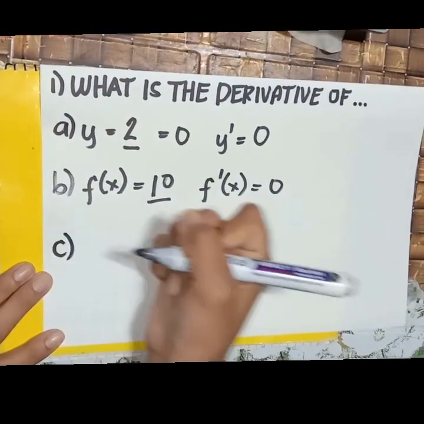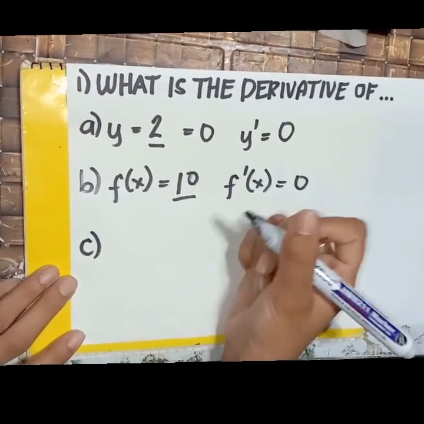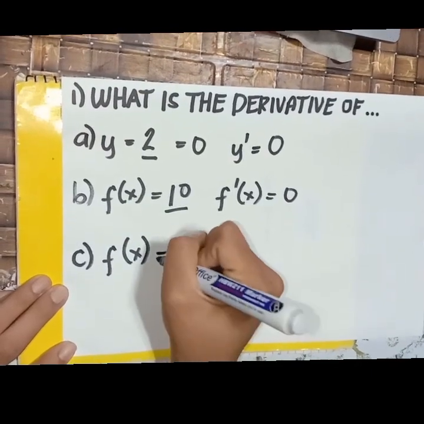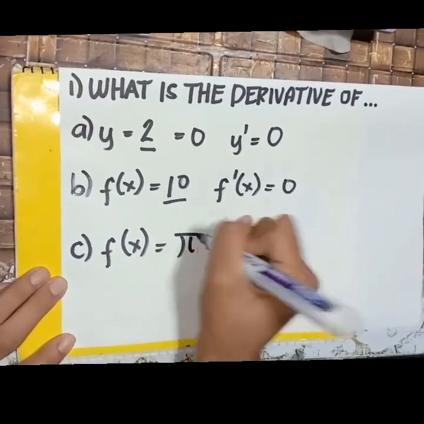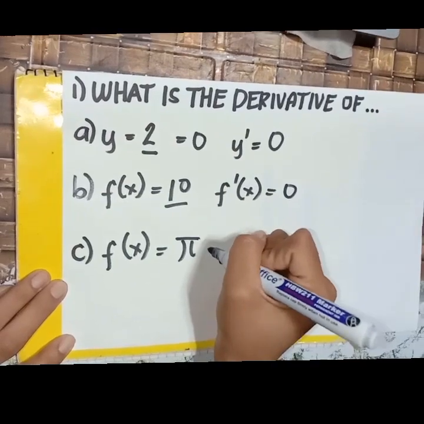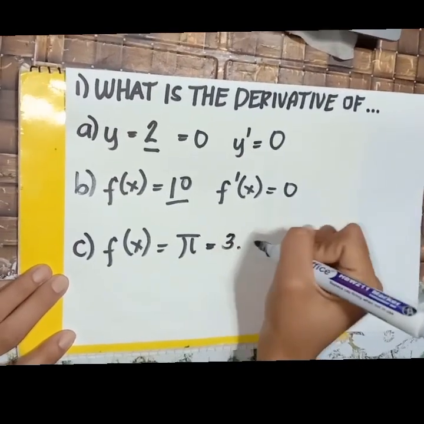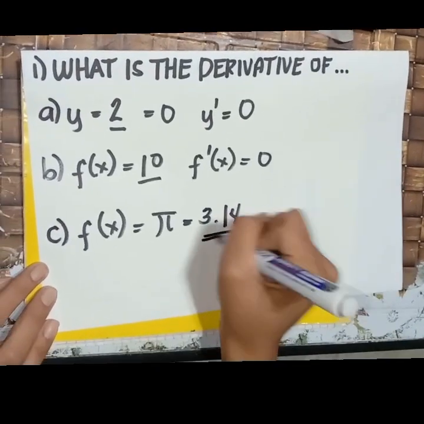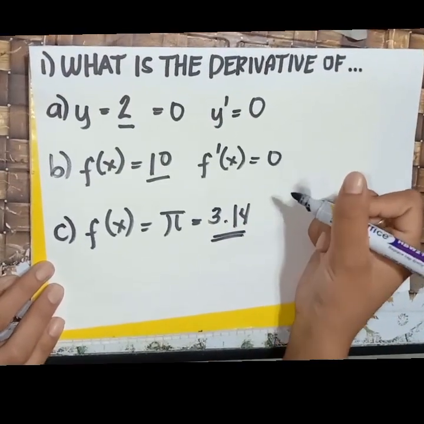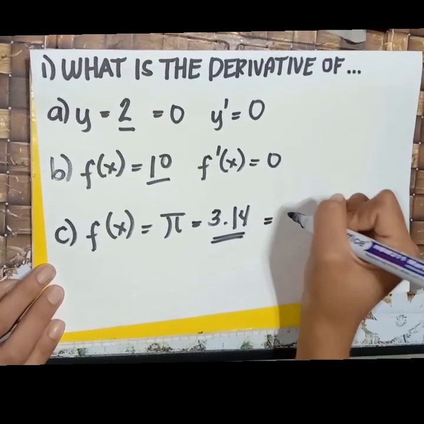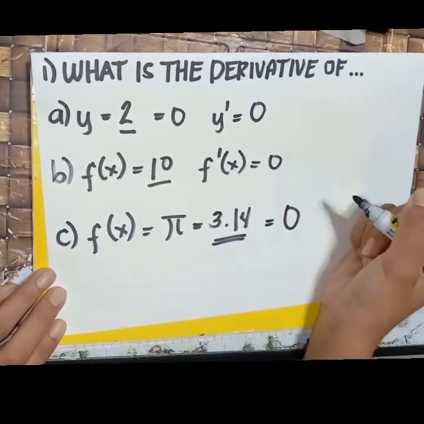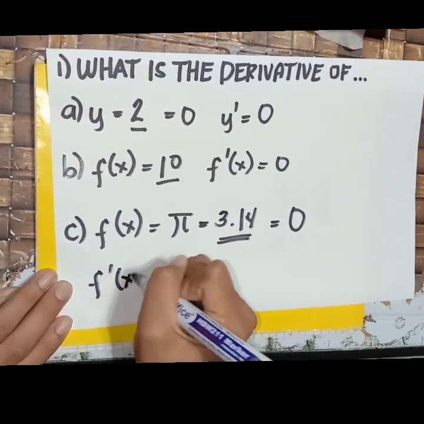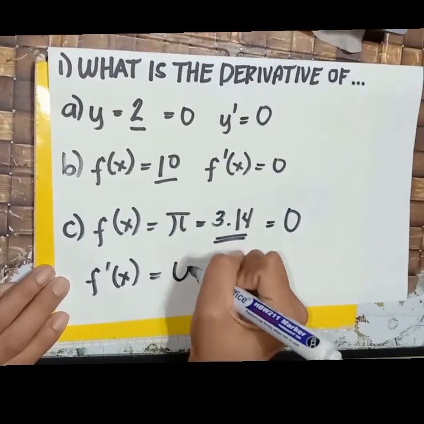Next example, what is the derivative of f of x is equal to pi? Since pi is equal to 3.14, it is still a constant number. Then, its derivative is still equal to 0. In symbols, f prime of x is equal to 0.